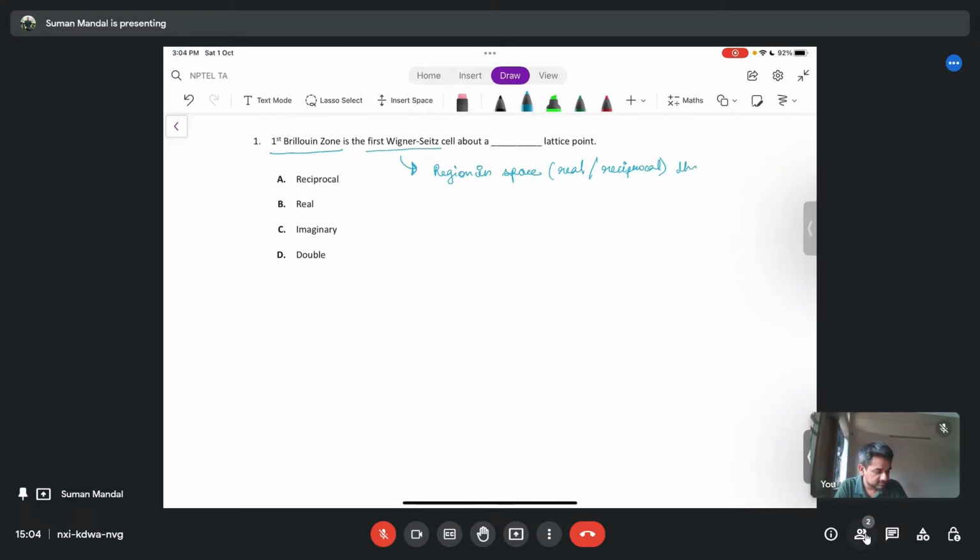It is the region that is closest to that lattice point than to any other lattice point.